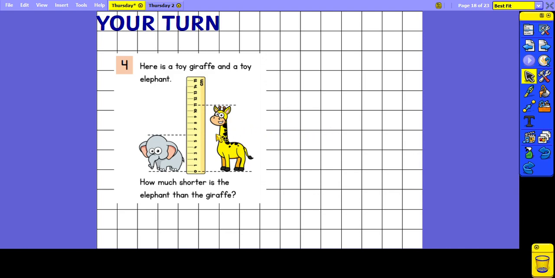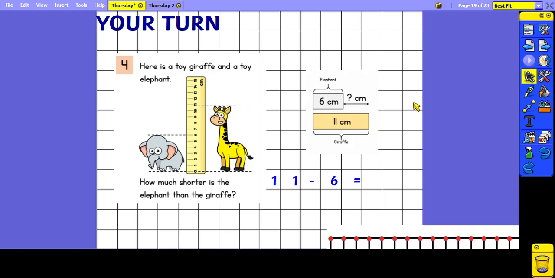Okay, so we can see that the elephant is 6 centimetres tall and the giraffe is 11 centimetres tall. We're finding the difference between 6 and 11. To find the difference, we have to do a subtraction. We need to start with the biggest number, which is 11, and we're taking away 6.